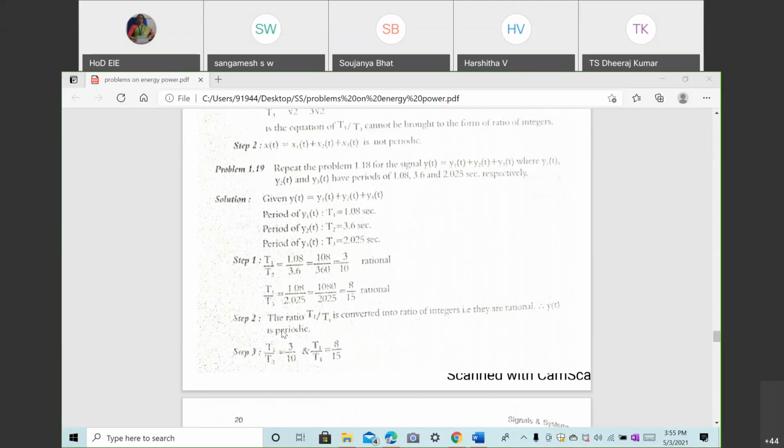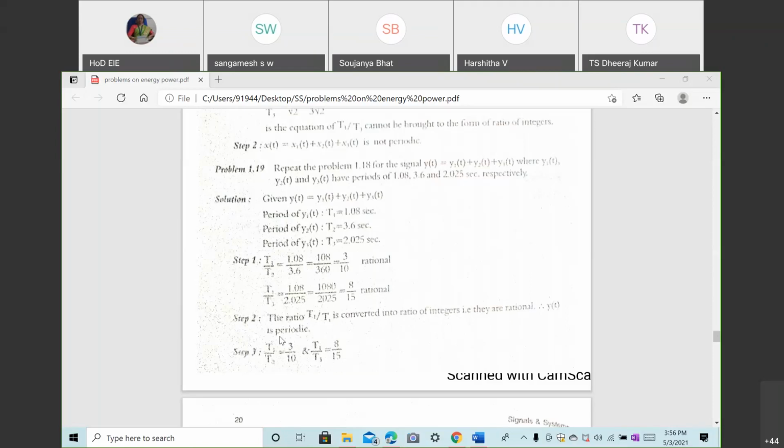Then step 2, the ratio T1 by T3 is converted into a ratio of integers, that is, they are rational. y of t is periodic. Both the period of the first signal with second, and the period of the first signal with third signal ratios we got rational numbers. That's why it is a periodic signal.